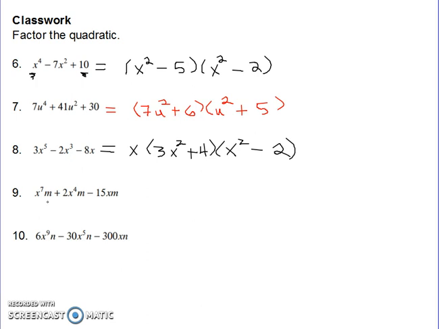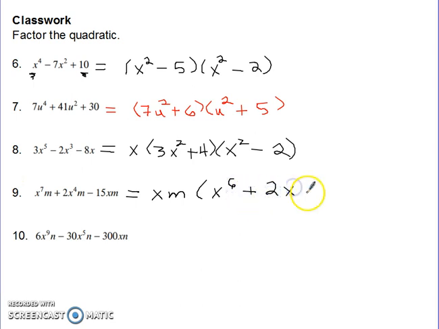Next problem, number 9, we have x's and m's in each term. So the first thing that I'm going to do is I'm going to factor out an xm from each term. And by doing so, we have one less x and one less m for each.